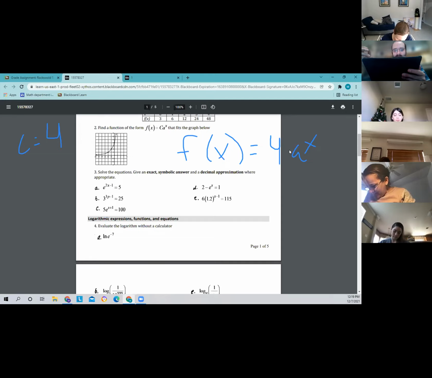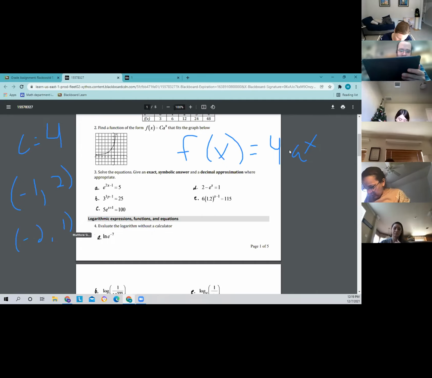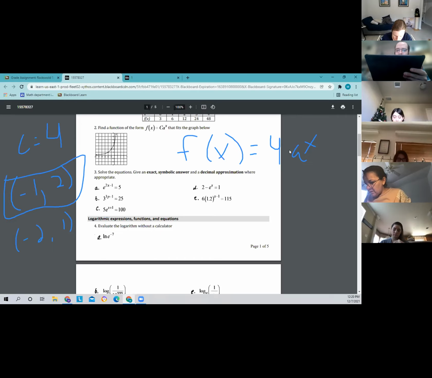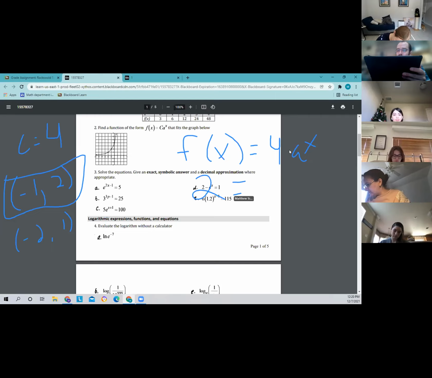Any point. -1, 2, or -2, 1 is another one. I'm probably gonna plug this one in just because it's smaller. If I plug in -1 and 2, that tells me my F of X is equal to 2. I have a 4 here and I have an A to the -1.